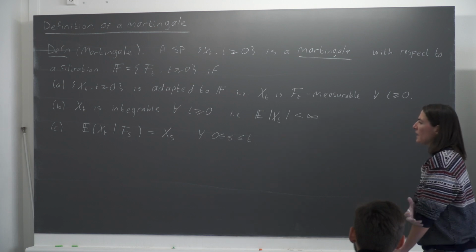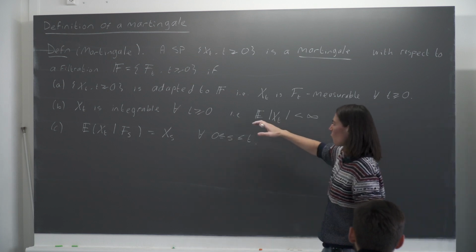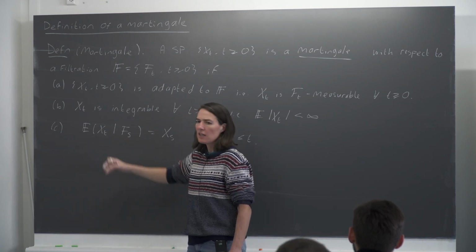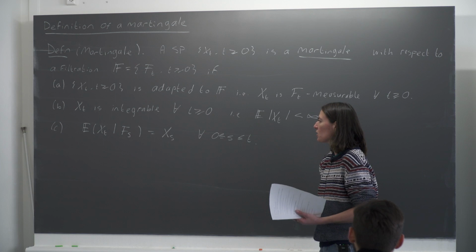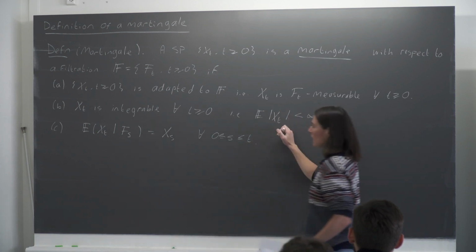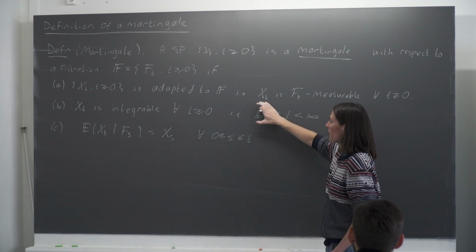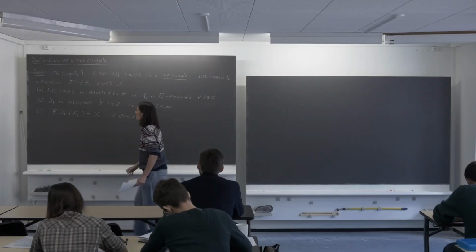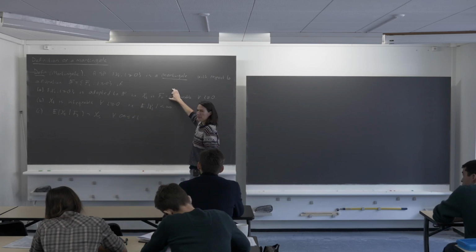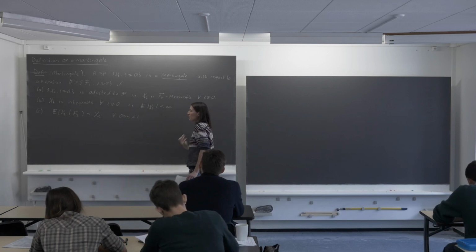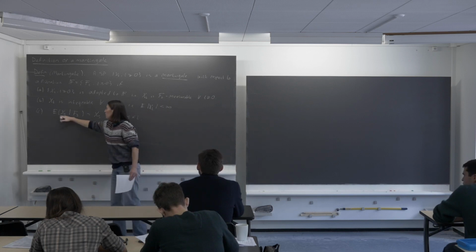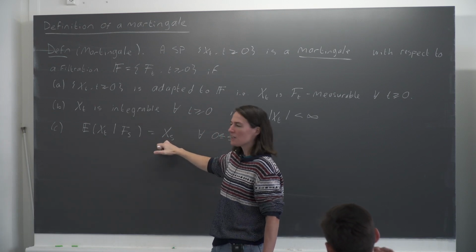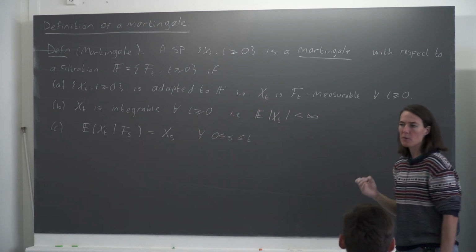Well, why do we need the other two conditions? Xt has to be integrable, otherwise conditional expectation doesn't make any sense. If you remember, we couldn't even define conditional expectation unless Xt was an integrable random variable. So this condition has to be there for the definition to make sense. And what about the first bit? Why do we need Xt to be adapted? Remember, in our definition of conditional expectation, this was an Fs measurable random variable. So if this is going to be equal to Xs, then Xs had better be an Fs measurable random variable.